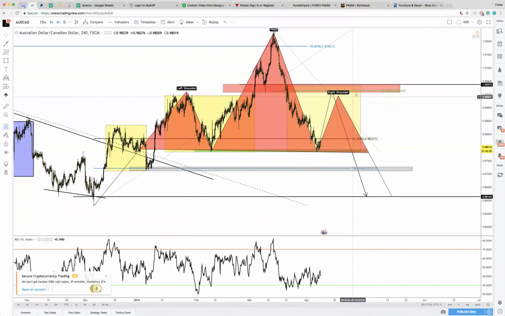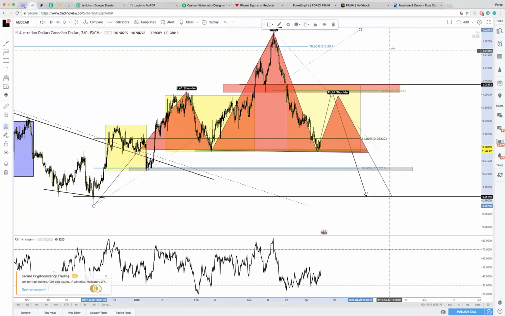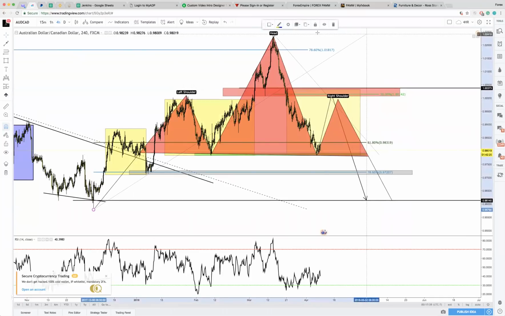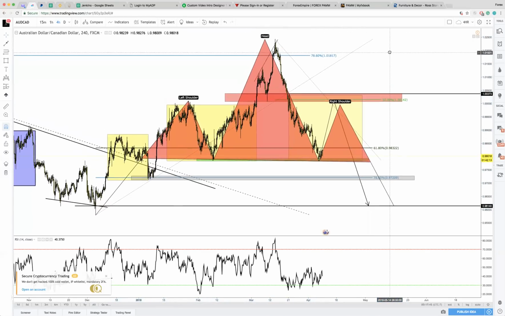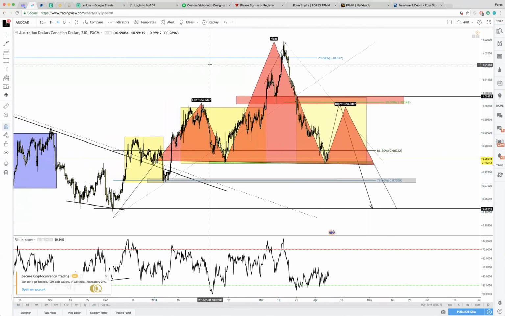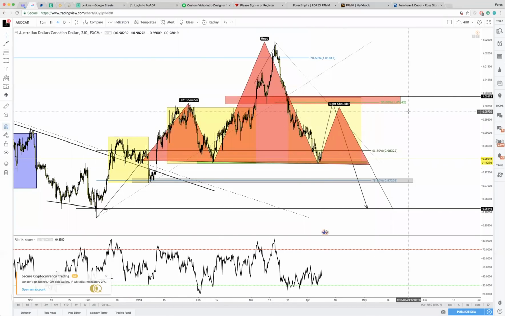So right about there. Let's wait it out and see how it really plays out. Overall, what I see is a nice bullish movement on AUD CAD. Let me drag that out and double check.